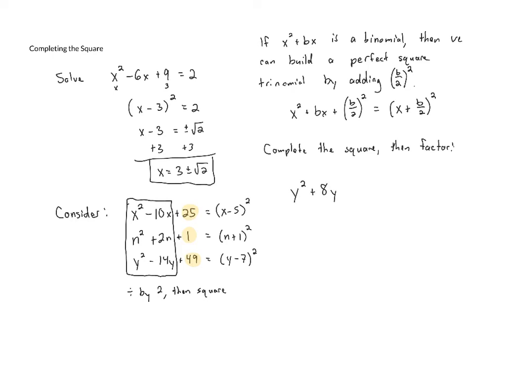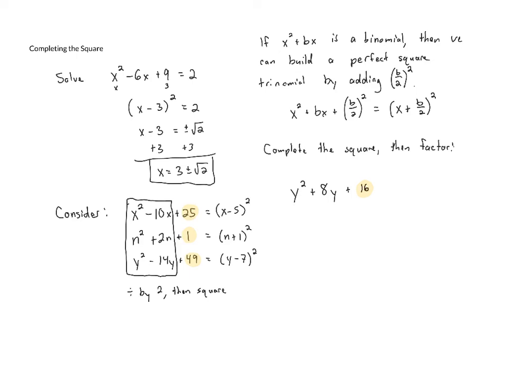This is our original problem, and we need to figure out what quantity we can add to end up with a perfect square trinomial. Well, the rule says take the coefficient on the variable, in this case that's 8, divide it by 2, 8 divided by 2 gives us 4, and then we square it, and 4 squared is 16.